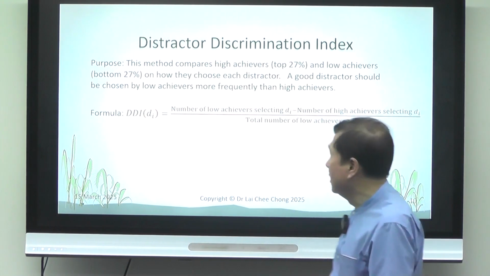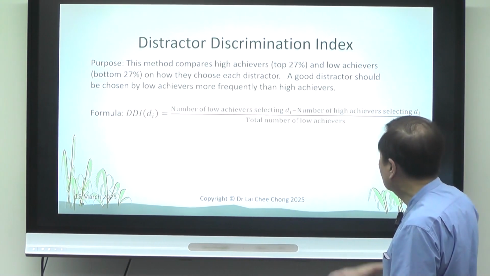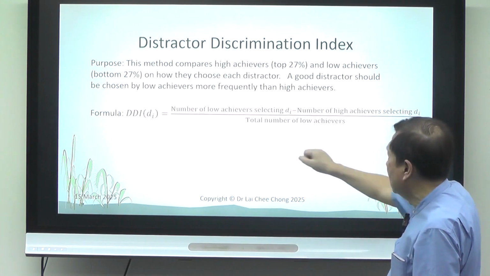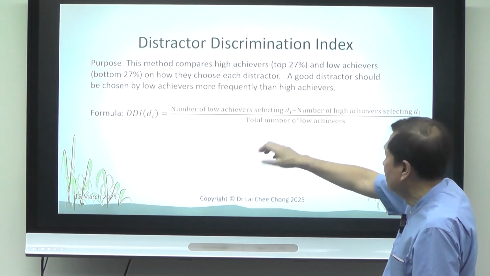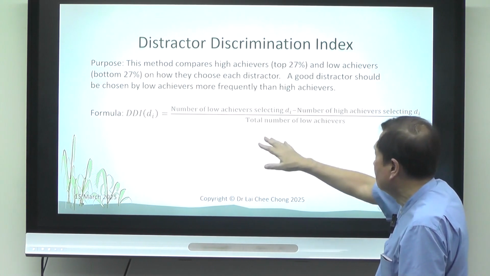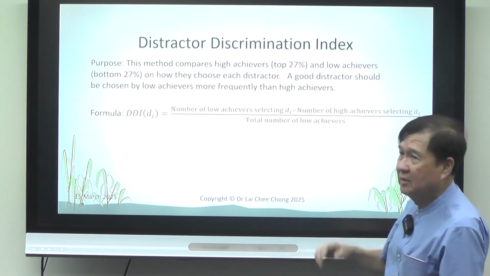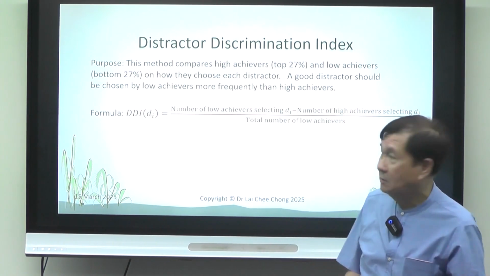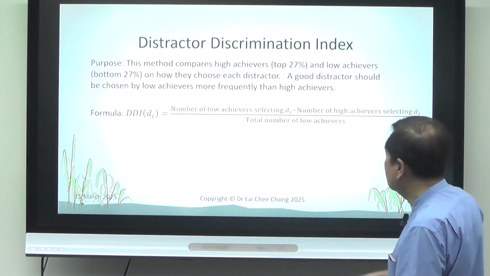That's what we are doing now, okay? Same thing, a good distractor should be able to distinguish them. That means it will be chosen more by the low achievers, more frequently than the high achievers. That's a good distractor. And the way to calculate is this one here.